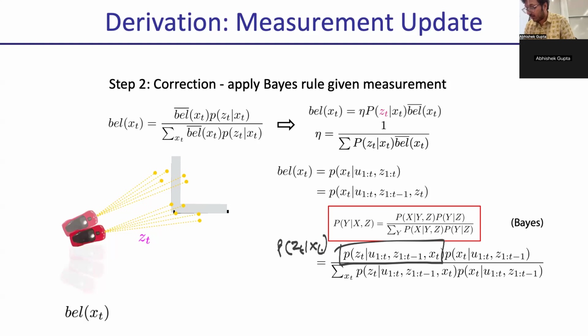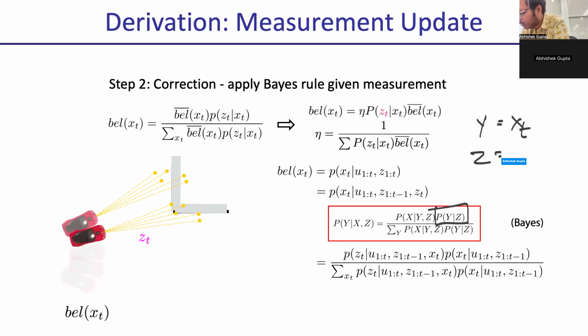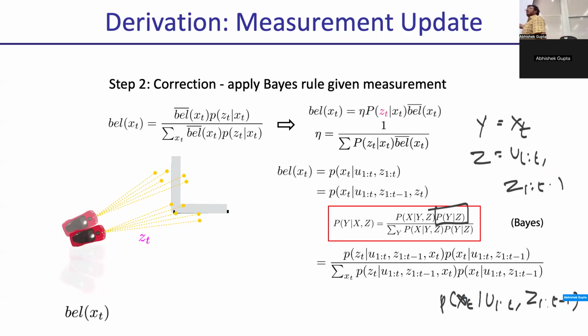And then what's the second term we get, right? The second term is just P of y given z. Again, y is equal to xt in our case, and z is equal to u1 to t, z1 to t minus 1, right? And so P of y given z is just P of xt given u1 to t, z1 to t minus 1. Have we seen this before?